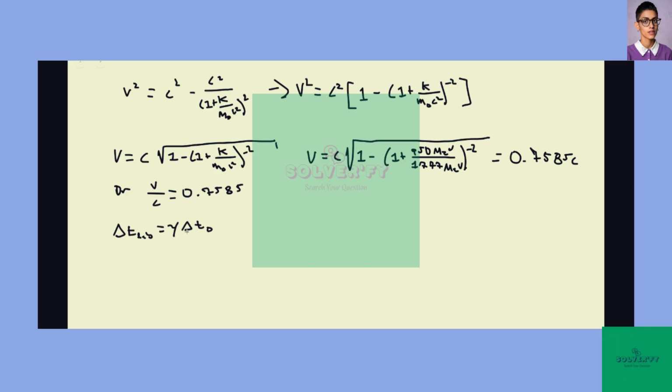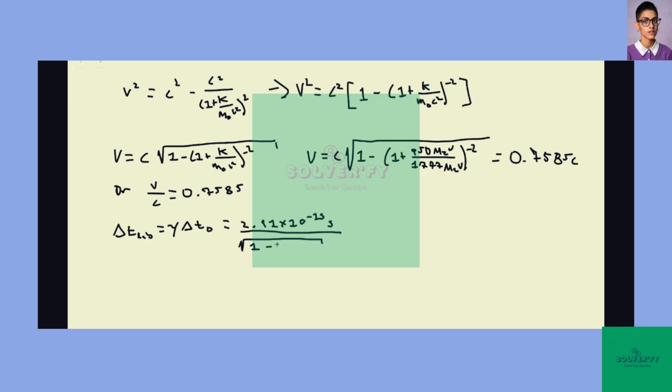Now this is going to be equal to 2.91 times 10 to the minus 13 seconds, which you get from the table, divided by the square root of 1 minus v squared over c squared.